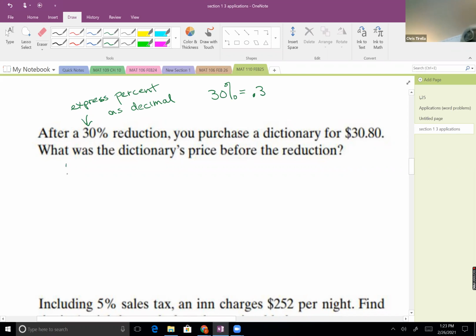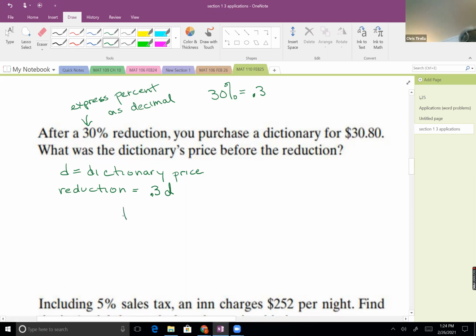Now, if D is the dictionary's original price, the reduction, the amount that we're taking off, would be 30% of that. 30%, 0.3, of means times D, the price.